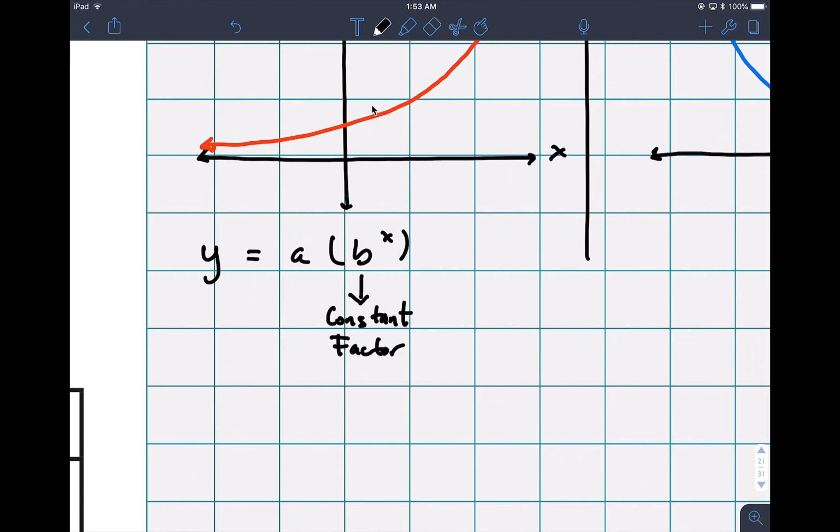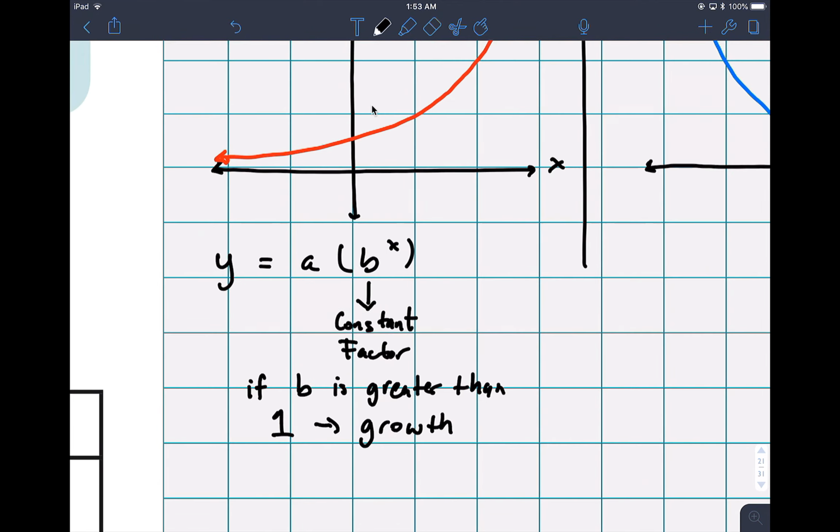And if b is greater than 1, then we're going to have growth. And I hope you saw that on that video that I posted for you to watch.